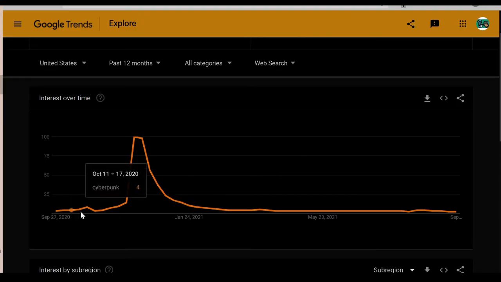Now what we see is relatively low levels of interest in cyberpunk until a rather incredible spike in the number of searches somewhere around the middle of November. This is when you're seeing interest go way up. And then somewhere around the middle of December, the interest reaches its peak and begins to decline.